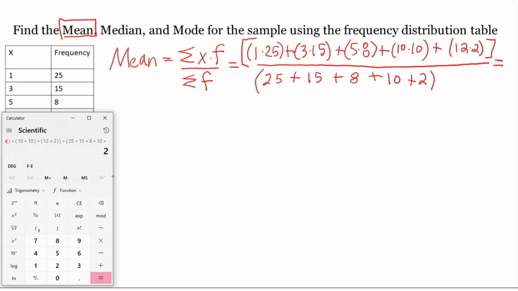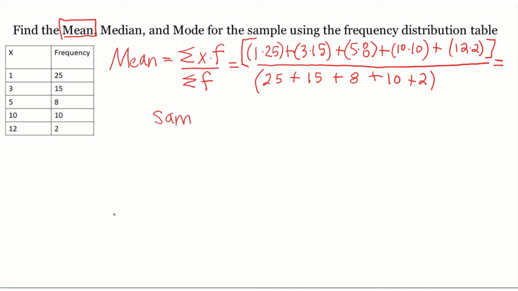Double check that I have all of my numbers written down correctly. Close my parentheses, equals 3.9. And this is a sample, so that means my sample mean is going to equal 3.9.